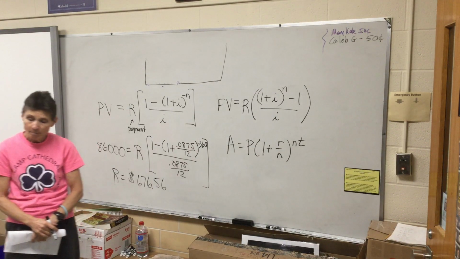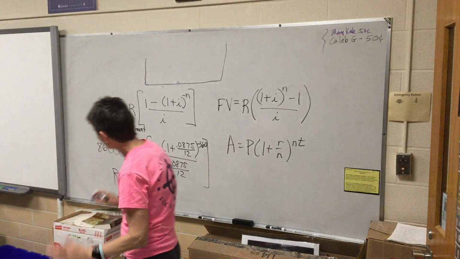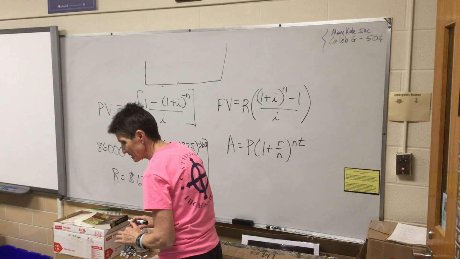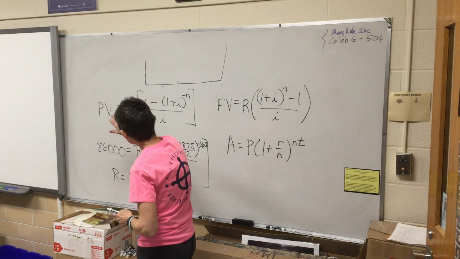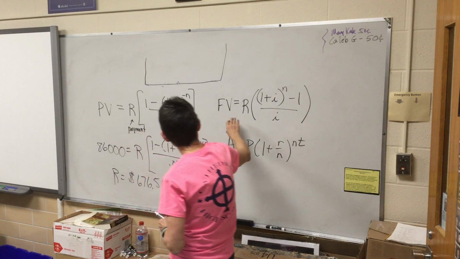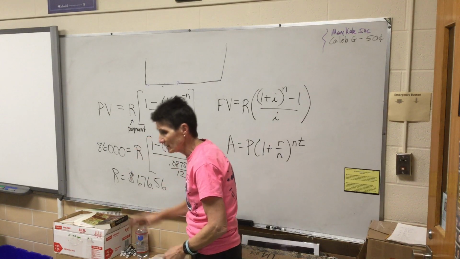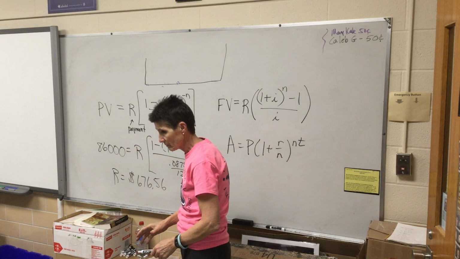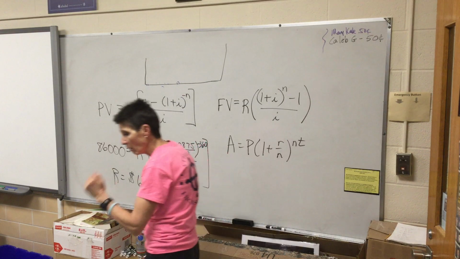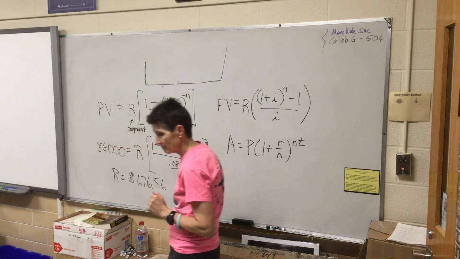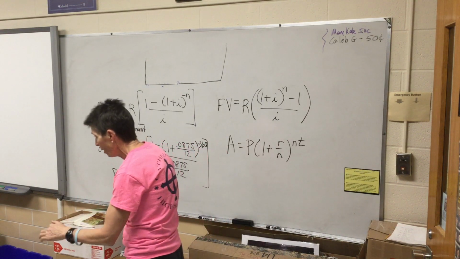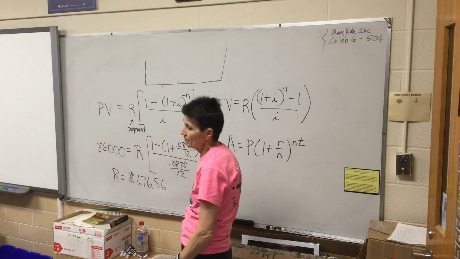Single payment. Boys and girls, stop and listen to me very clearly. This is easy. If you're going to use PV or FV, you are making regular payments. You are paying off your credit card. You are paying off your house mortgage.